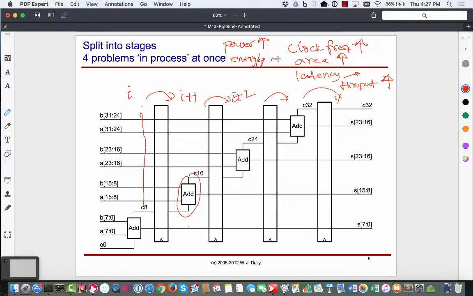But the final one is a nastier one. Imagine that I'm doing some operation, and the result of that operation is going to affect the next operation. Normally, when I was doing one operation per clock cycle, that was straightforward. I do the operation, look at its result, and decide what happens in the next clock cycle. What would happen here?